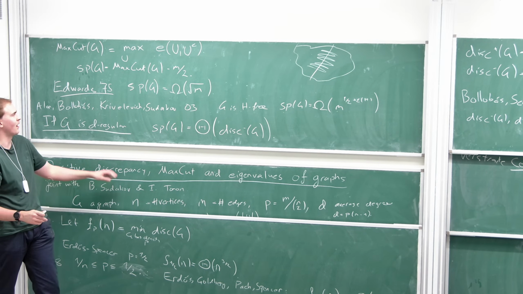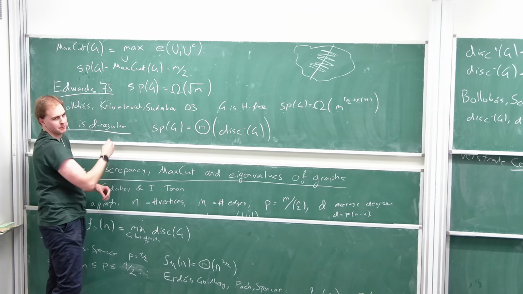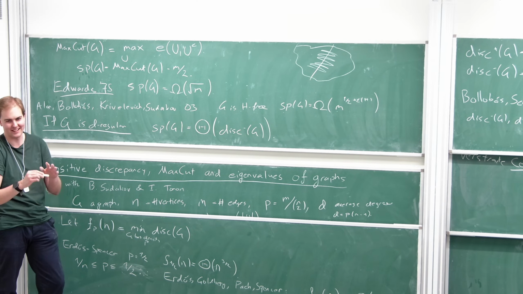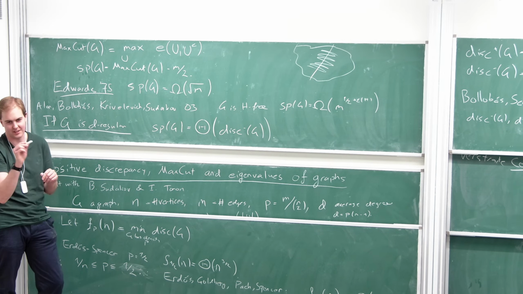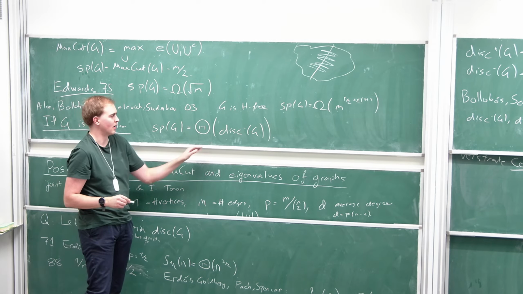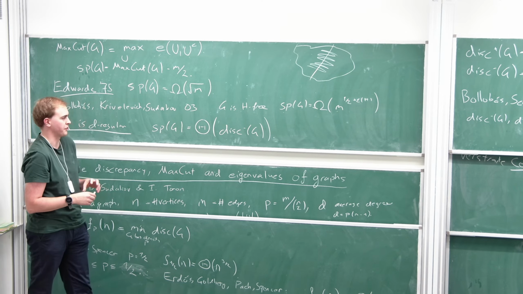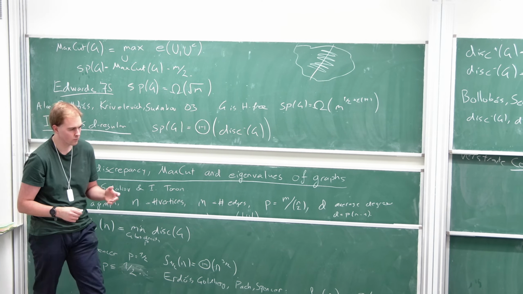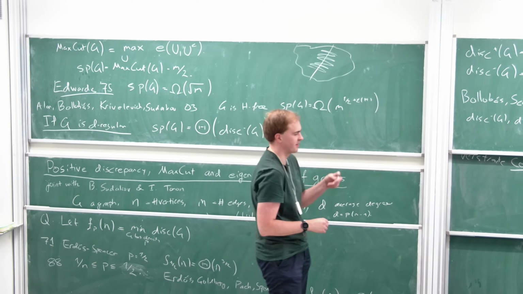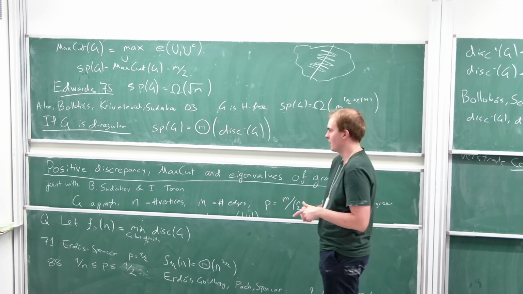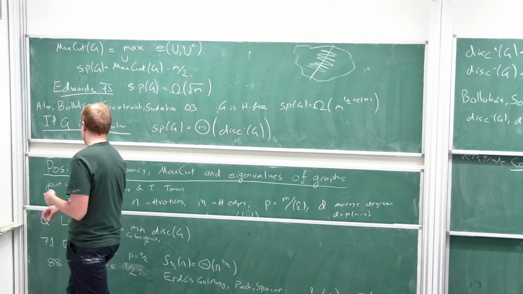You can't define it as a minimum, because otherwise you just take the empty set and the whole vertex set, and that has 0 edges between. So you have to restrict to half size cuts, and that also equals positive discrepancy up to a multiplicative constant. So results on positive discrepancy imply results on this sparse cut problem as well.